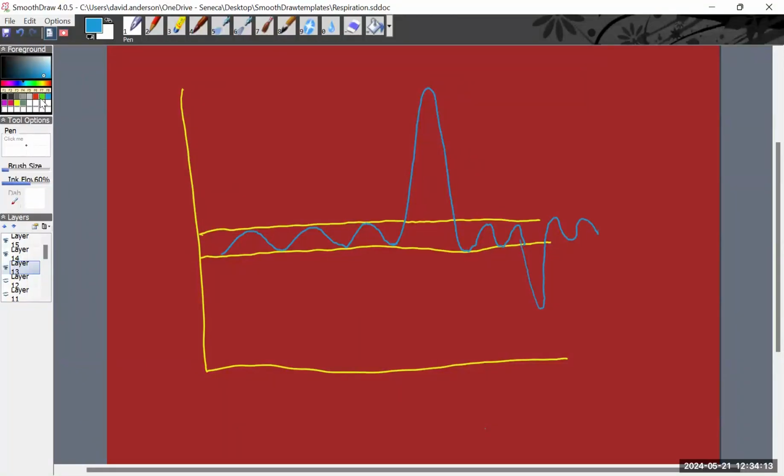So this volume that we're describing here is about 500 mils per cycle. So we would have a differential here of about 500 mils. And let's write that out over here. And that would be our tidal. So that's the amount of breath that you're breathing.